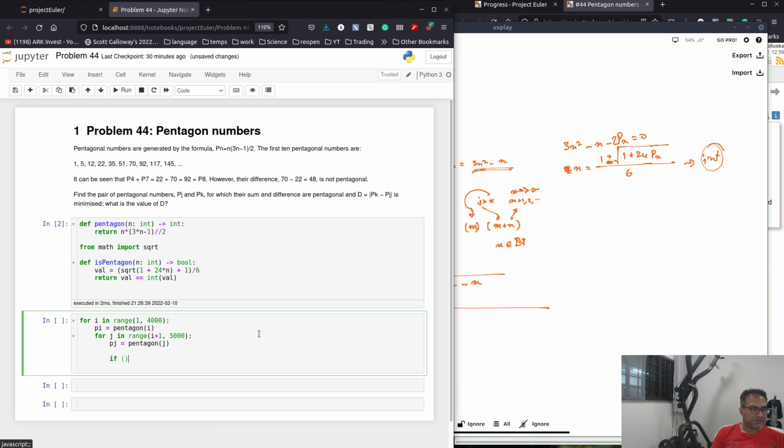Okay, if pi minus pj is pentagonal, if this is not that, then continue.